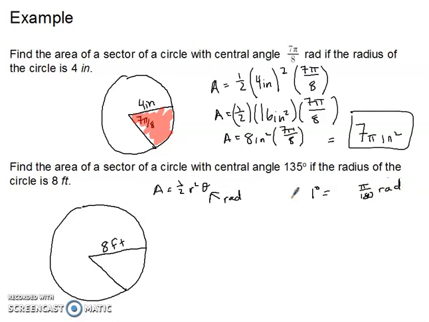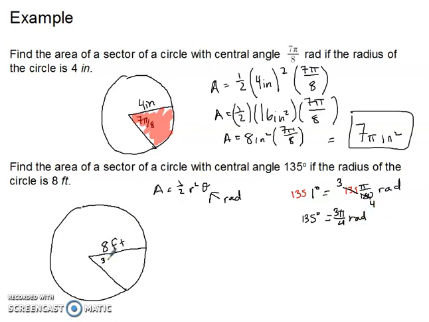So I multiply by 135 to find that 135 degrees is going to equal the reduced form of this fraction, which is going to be 3 pi over 4. My 135 and my 180 are both divisible by 45, so 135 divides by 45 to give me 3, and 180 divides by 45 to give me 4.